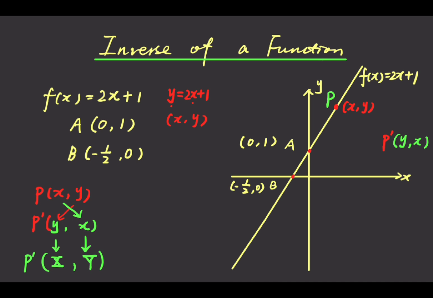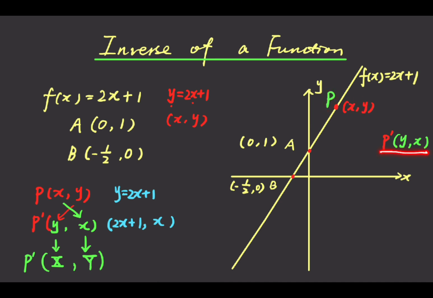Okay, now this y equals 2x plus 1. So here, this y is 2x plus 1. This x is x, right? But you need to know, on the original function graph, this is point P, x, comma, y.